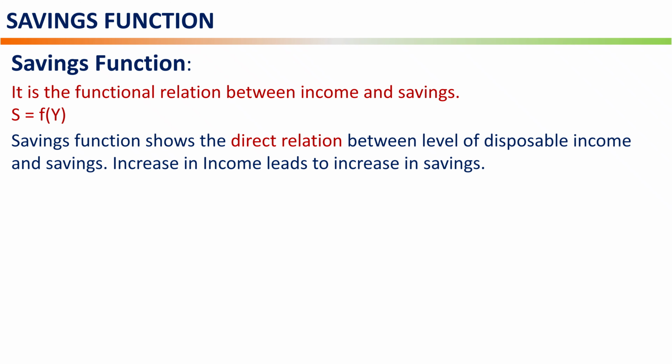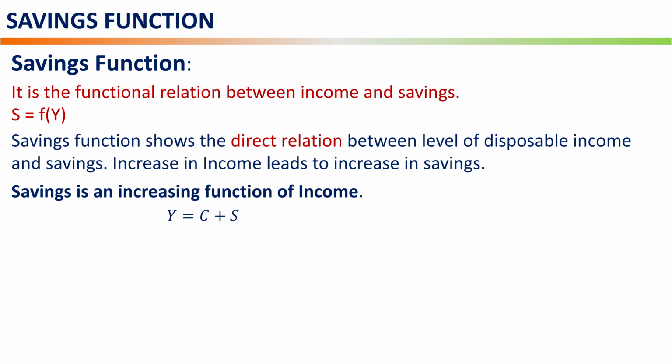So we can establish a direct relation between income and savings and say that savings is an increasing function of income. Now it is simple to derive the linear savings function from the linear consumption function.